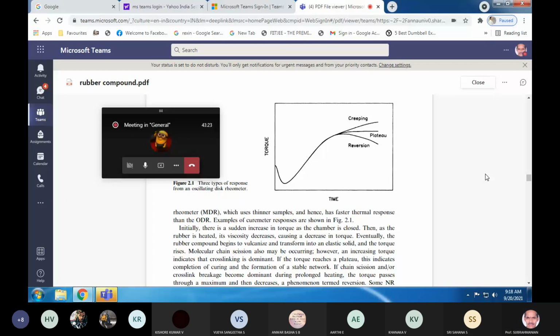So just a rubber and a rubber compound and the filler related issues. For such products, what are the parameters? Stiffness and damping.